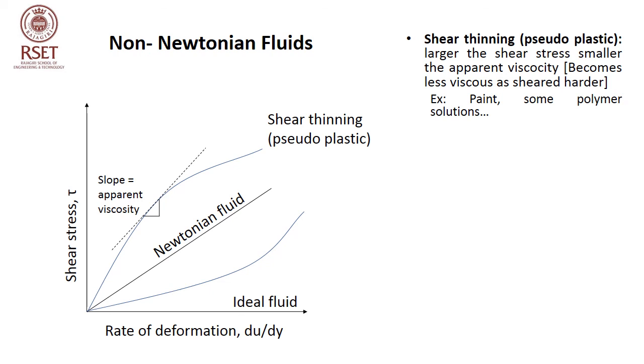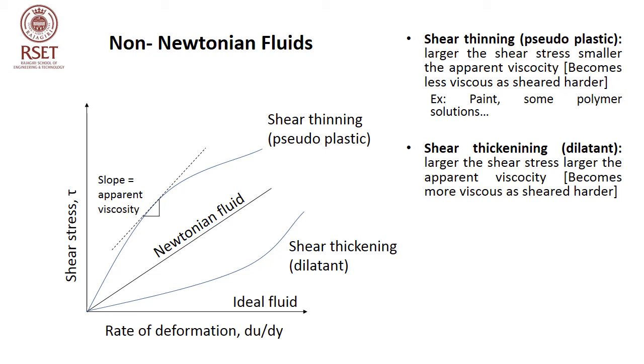Another option is the case where, in the initial phase, the viscosity was lower, and as the shear rate increases, the viscosity increases; the slope will increase. Such fluids are called shear thickening fluids or dilatant fluids.